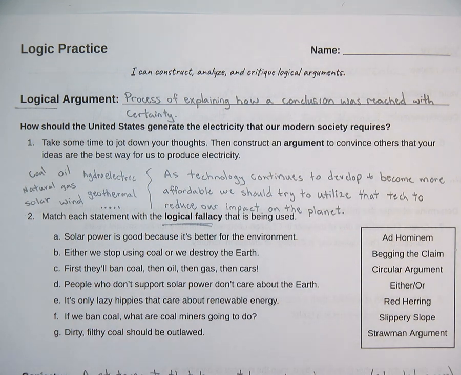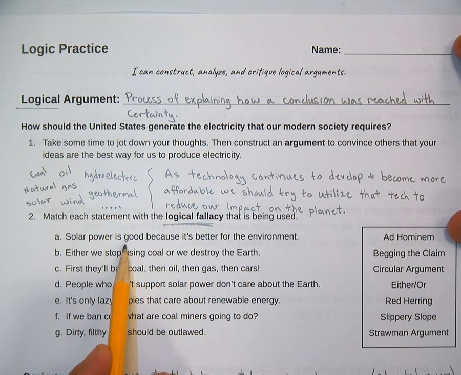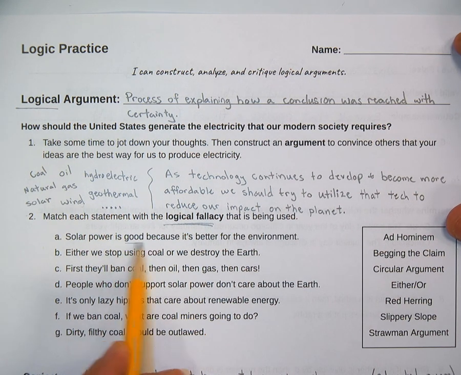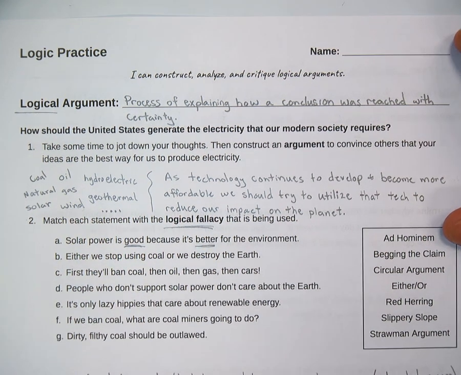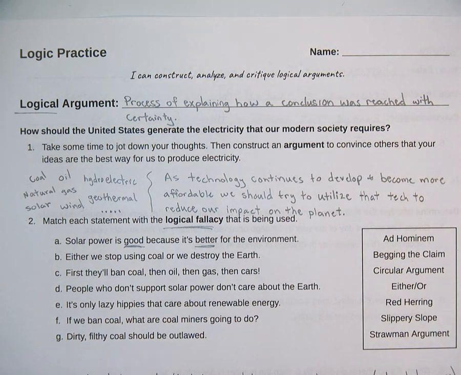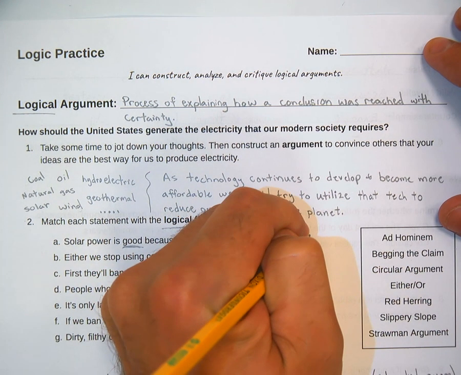All right. So, looking at the very first one, solar power is good because it's better for the environment. So the bad part about this argument is that it uses kind of a synonym there. Solar power is good because it's better. This is what's called a circular argument.